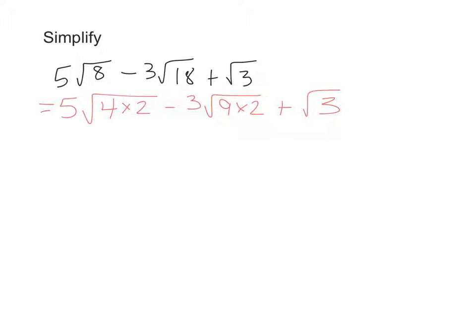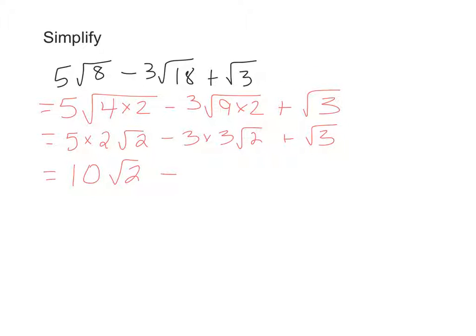Then what I'll do is take out the perfect square factors. That 4 comes out as a 2. And the 9 comes out as a 3. And then I have the 5 times 2 is 10. So that first one simplifies to 10 root 2. And then negative 9 root 2 plus root 3.